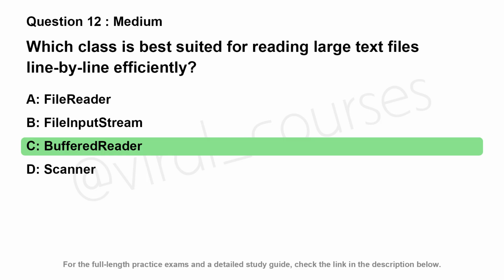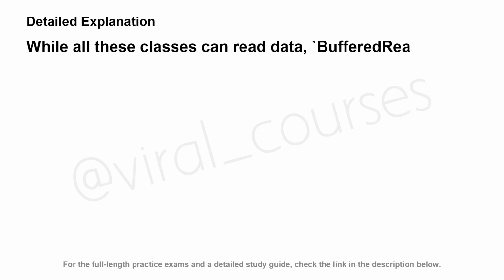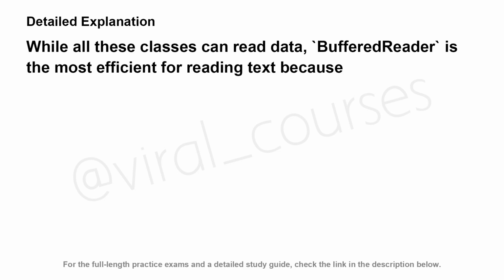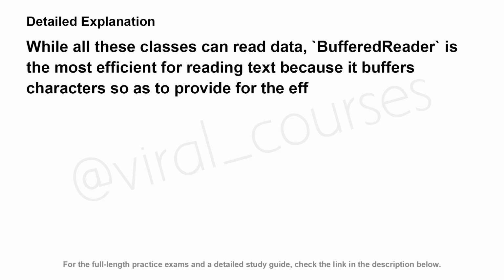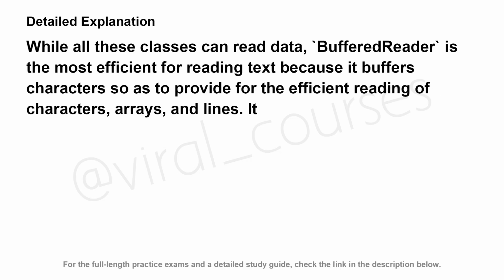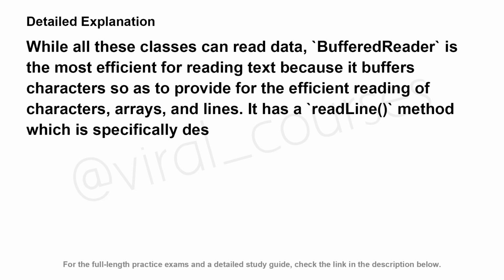The correct answer is C. While all these classes can read data, buffered reader is the most efficient for reading text because it buffers characters so as to provide for the efficient reading of characters, arrays, and lines. It has a readline method which is specifically designed to read text until a new line character is found.